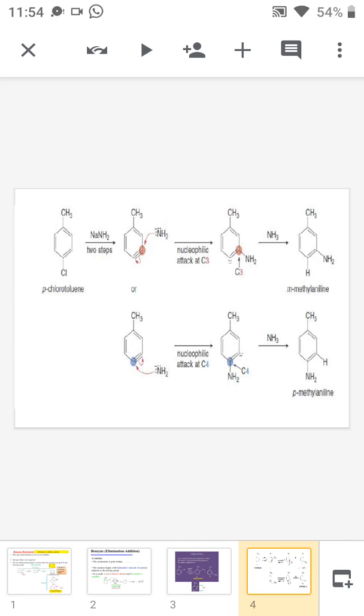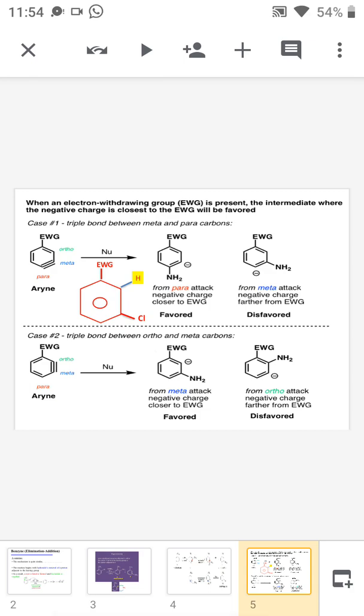Now we are moving into another category: what will happen if the already substituted group is an electron withdrawing group? I have shown the starting material in red color. So this is the starting material in which an electron withdrawing group is attached, and our leaving group is the chlorine.